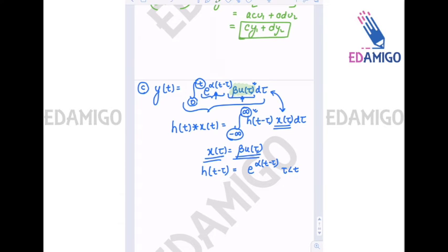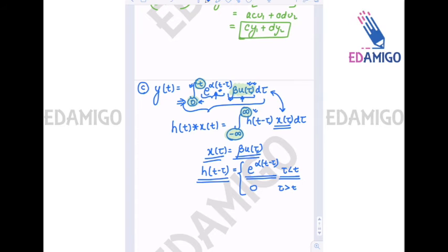The integration limits are changing: here they are minus infinity and infinity, but here they are 0 and t. The lower limit 0 is coming due to u(tau), because u(tau) is 0 for tau less than 0, but this t is coming due to the second term. Thus h(t minus tau) is equal to e to the power alpha (t minus tau) for tau less than t, and it is 0 for tau greater than t.